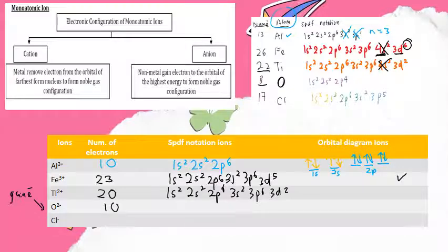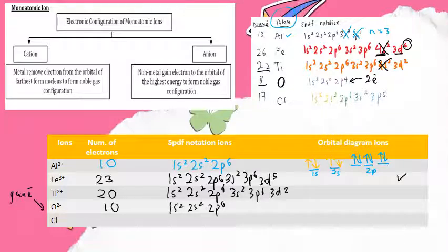Jadi that 2 electrons will enter 2p orbitals, because 2p orbital maksimumnya 6 elektron, betul tak? And then dia ada lagi ruang untuk masuk, so dia akan masuk pada 2p. So dia akan jadi 1s2, 2s2, 2p6. Okay, so that's the electronic configurations untuk oxide ion.